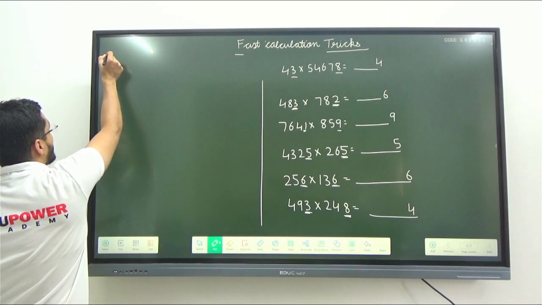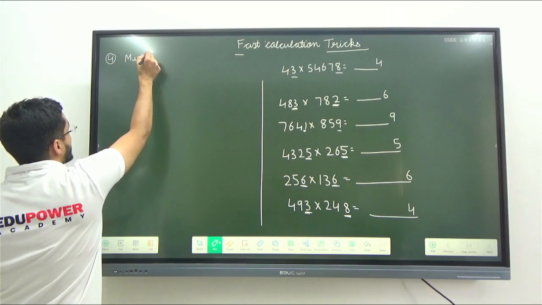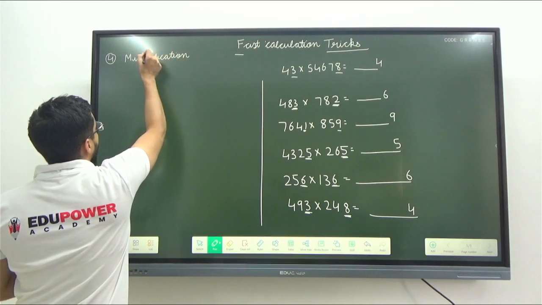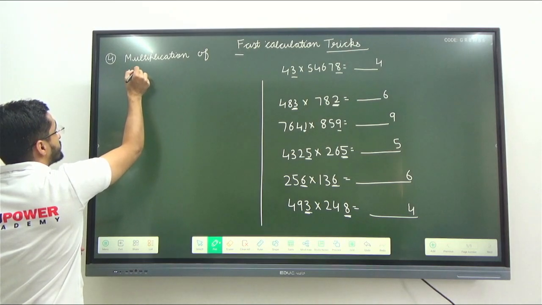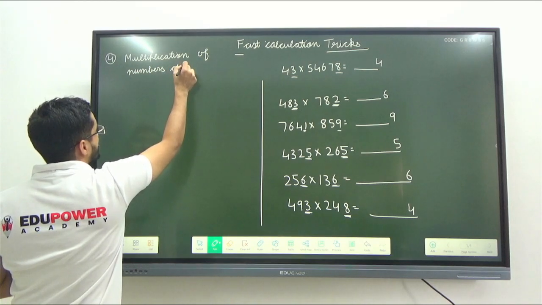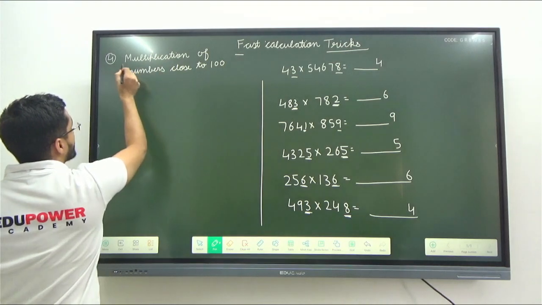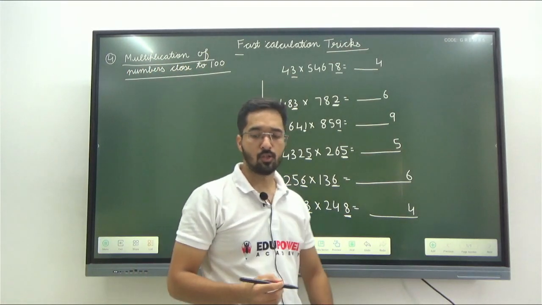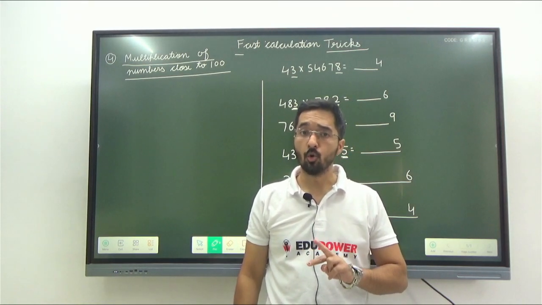This trick, which is trick number 4, is going to come in handy when you have to multiply two numbers which are close to 100, right.